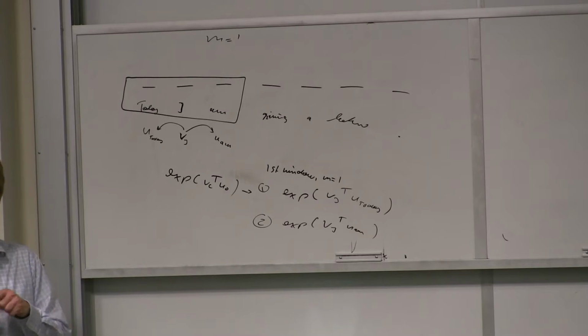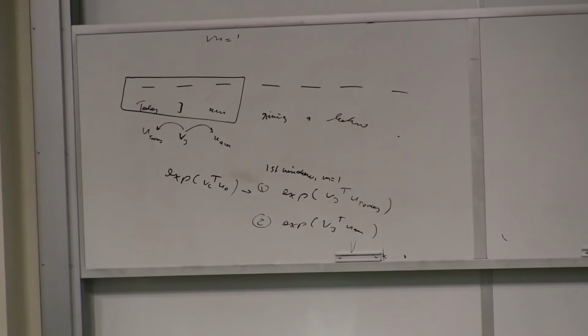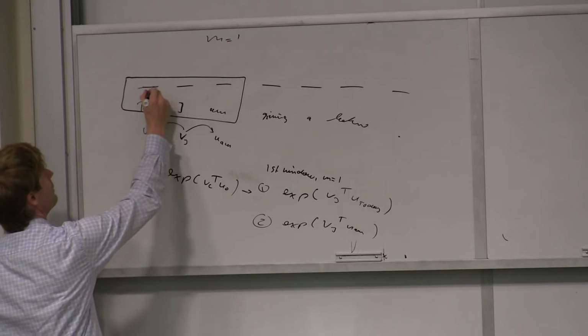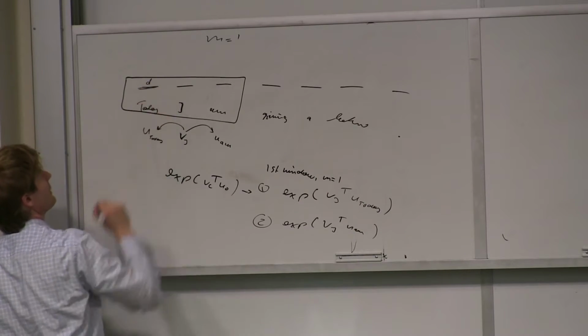Does that make sense? Could you raise your hand if this makes sense? For those who haven't raised their hands, do you have any questions? So each of these is going to be what we'll often call a d-dimensional vector, right?